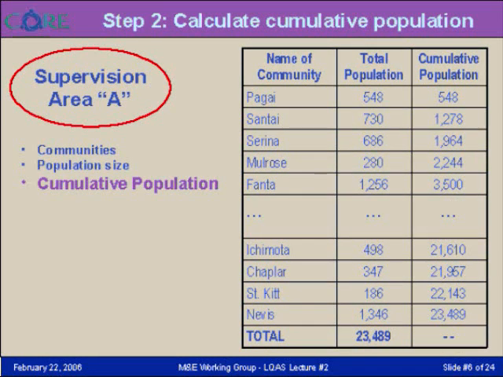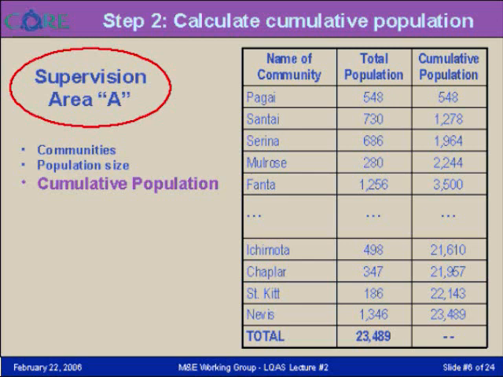Once we have this information with the communities and their population size respectively, we're ready to go with step number 2 to calculate the cumulative population. And in this table, we're going to add a third column that we're going to list all this cumulative population. And the process will be the following.